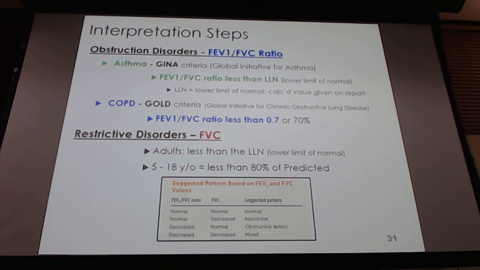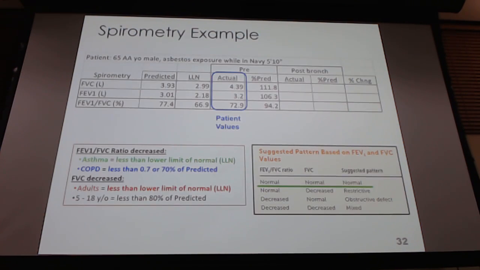Alright, so obstructive, we got that. Suggested patterns, we'll go over these, but I'm not going to take too much time. This is what your test questions will look like. When I ask you to interpret PFTs, this is the data I'm going to give you. Just to orient you, like our ABGs, we know this is the forced vital capacity.